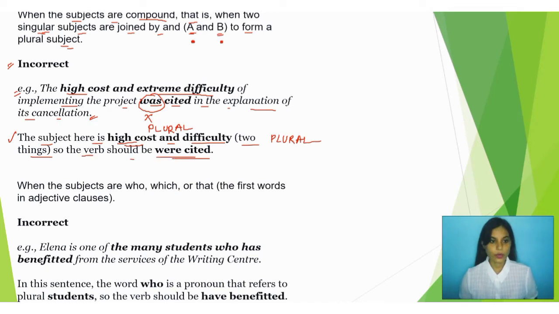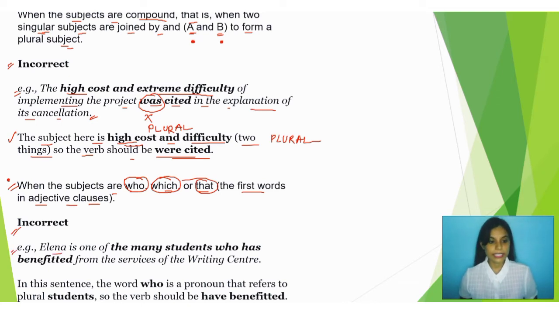Okay. When the subjects are who, which or that, the first words are in adjective clauses. So this is another rule. Let's see the incorrect one.